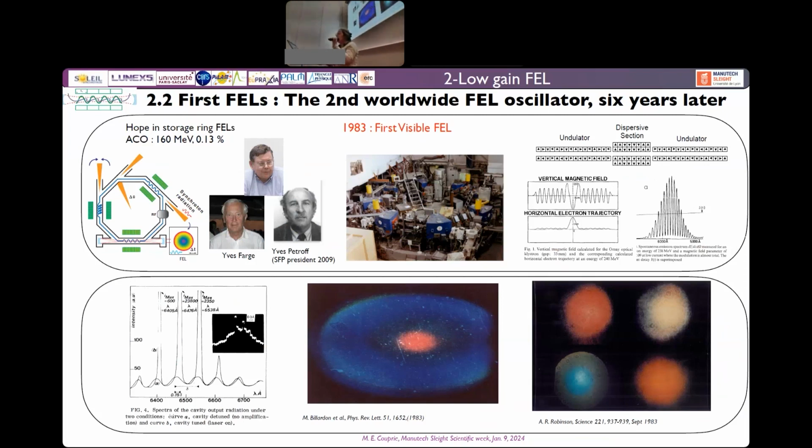So it was the first FEL on ACO. So it was the second FEL in the world. People were skeptical because the Madey experiment had not been reproduced, so people were wondering whether really this system was working.